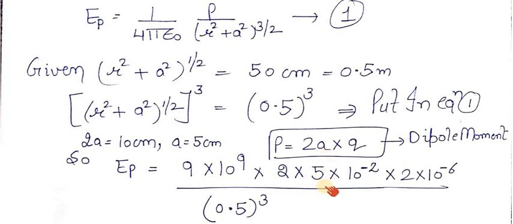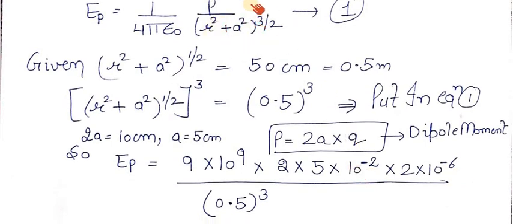So a is 5 into 10 to the power minus 2. Now come to q, that is the charge, that is 2 microcoulomb. So 2 micro means 2 into 10 to the power minus 6. Now the remaining one is the value of this term. As you know, the square root of r square plus a square is given to you. What is that? That is 50 centimeter. I will convert it into 0.5 meter, that means converted into meters, right?